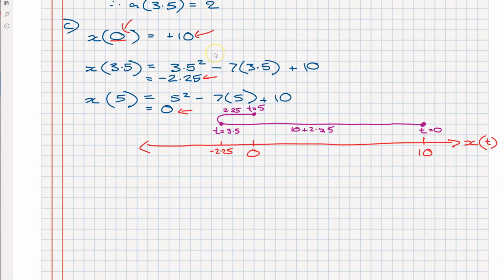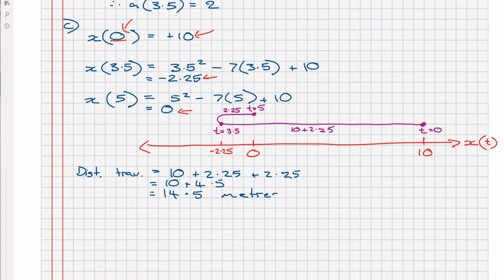Okay, so the distance traveled is going to be 10 plus 2.25 plus 2.25, and that's going to come out as 10 plus 4.5, and therefore the distance traveled is 14.5 meters. Remember, it's asking for distance, so that's a scalar value, hence the reason why everything's turned positive. We're just looking for the length of this line that we've just drawn.